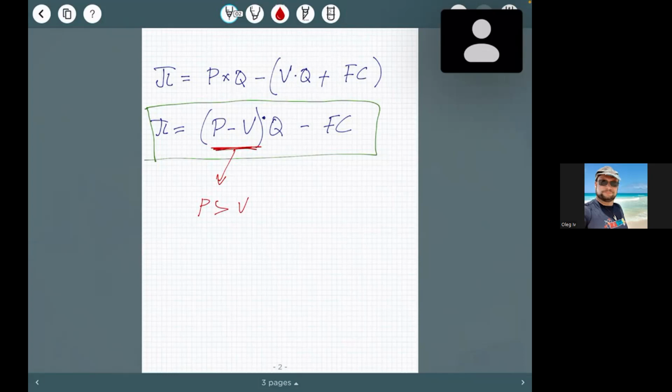If your price is larger than your variable cost and the market is good, and obviously there are other things that are important for business, but financially, from this economic perspective, if price is higher than variable cost, there is always an amount of product you can sell to get into profit. That's very important.